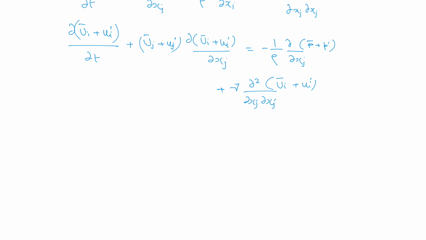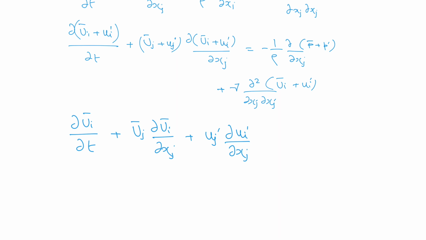So this will be ∂ūi/∂t plus ūj ∂ūi/∂xj plus uj' ∂ui'/∂xj equals minus 1 by rho ∂p̄/∂xi plus nu ∂²ūi/∂xj∂xj. So this is the equation you arrive at.